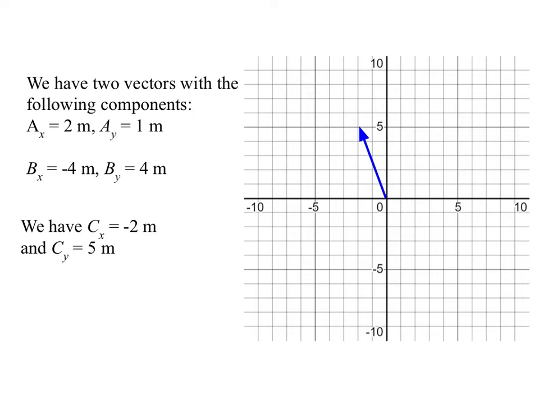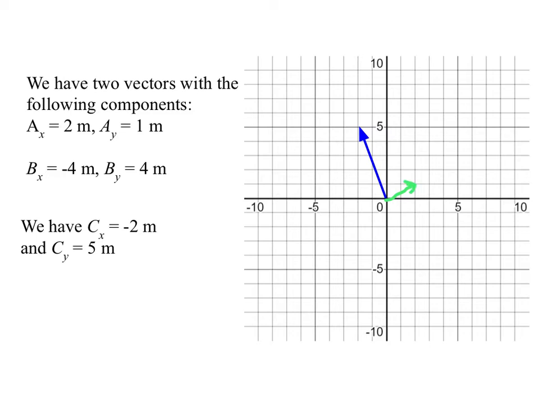As a confirmation, let's actually draw a and b and then show that they add to that. So let's make a green vector, and it will start at the origin. A goes over 2 and up 1, so it looks something like this.